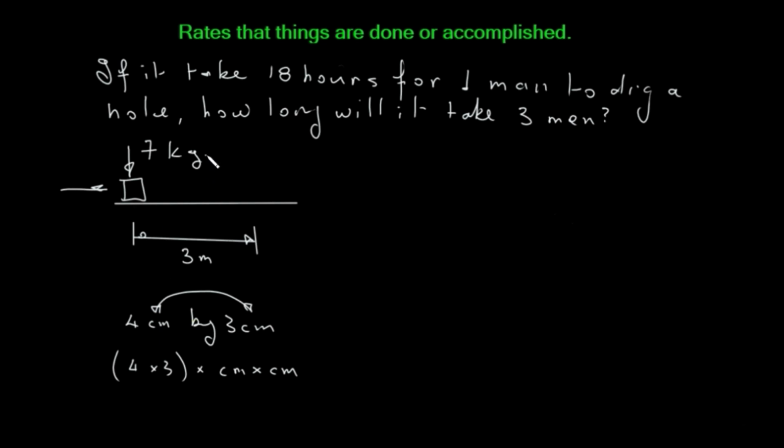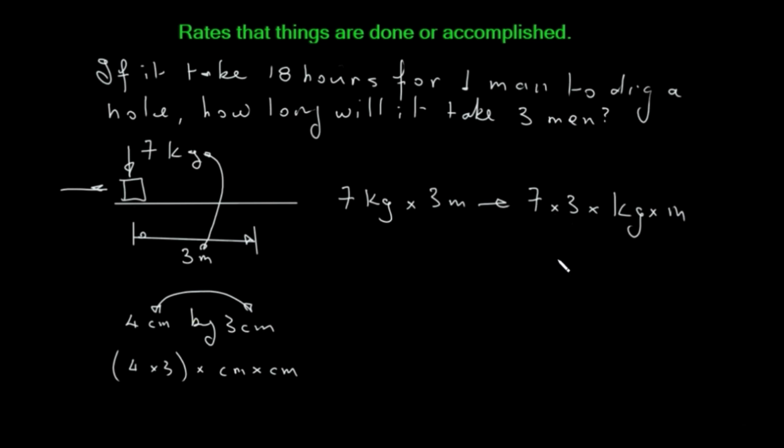So we have 7 kilograms times 3 meters. So that becomes just the numbers multiplied together. Then the units of measurement multiplied together.